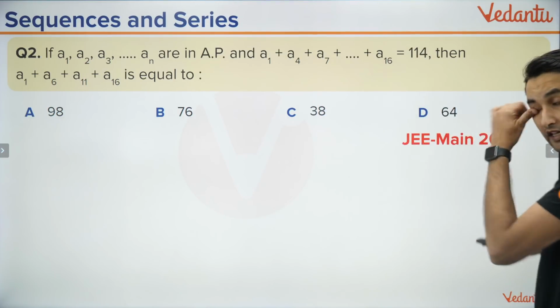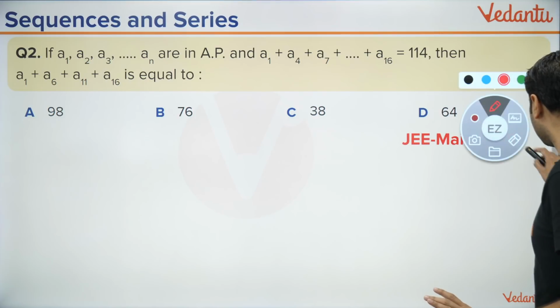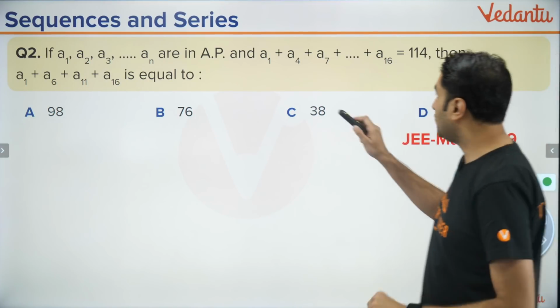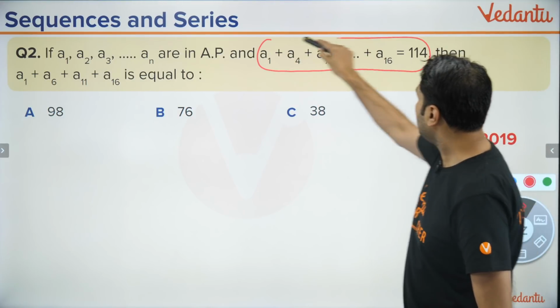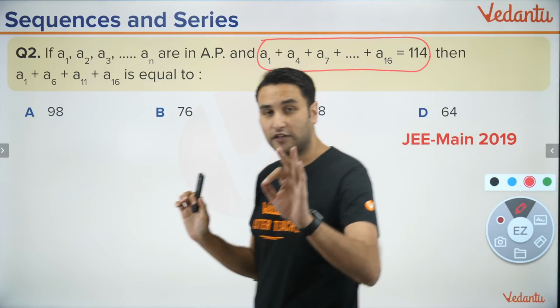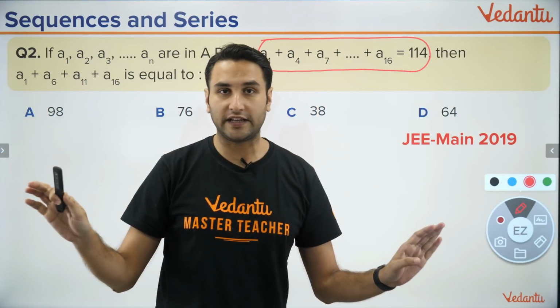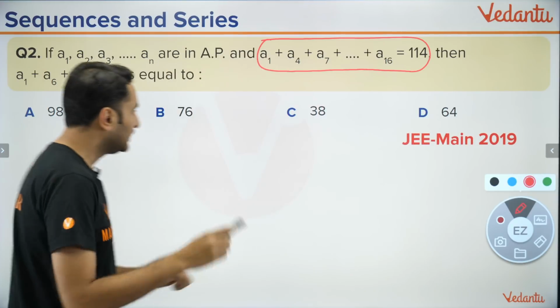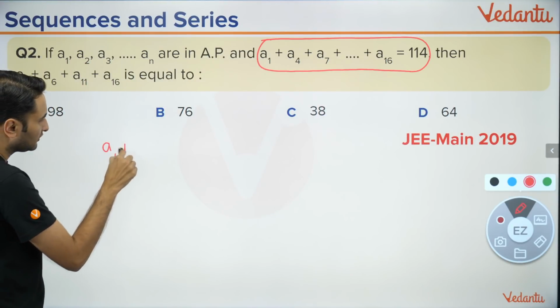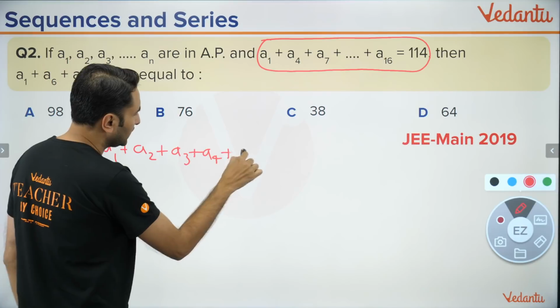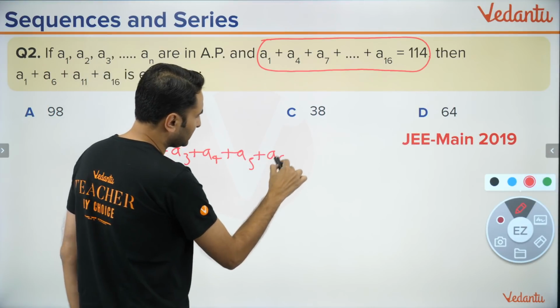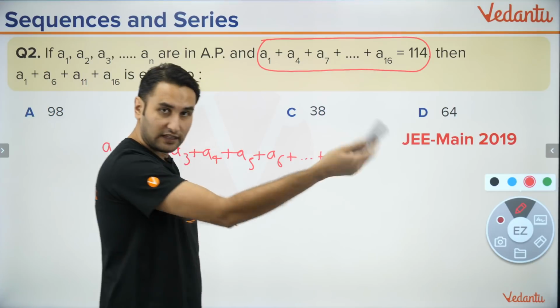हाँ, अब देखो इसको. Now let us visualize, be very very attentive here. देखो क्या बोल रहा है, वो बोल रहा है that A1 plus A4 plus A7 plus A16 is 114. Not all terms are getting added. Basically क्या है? A1, A2, A3, A4, A5, A6, A7, right?